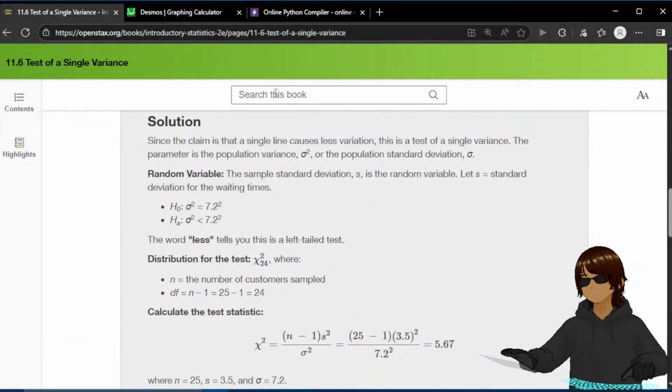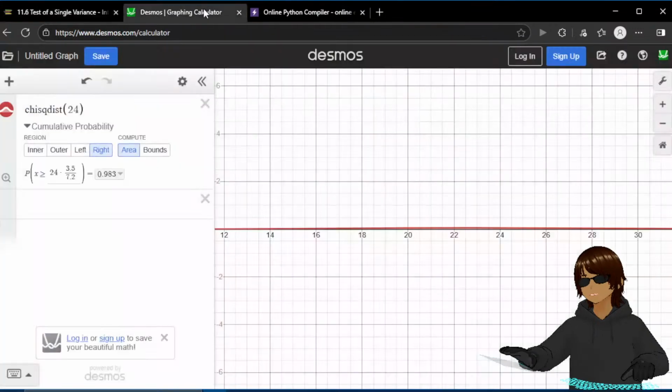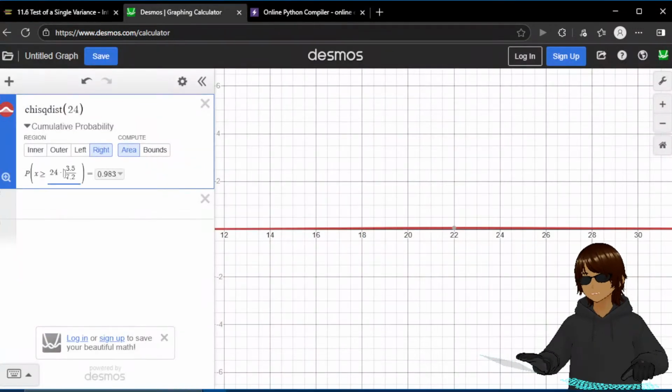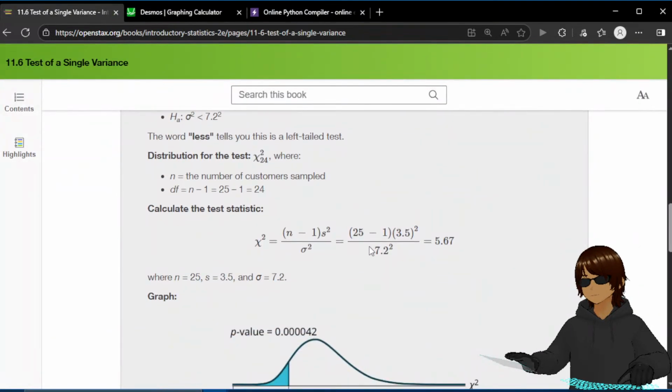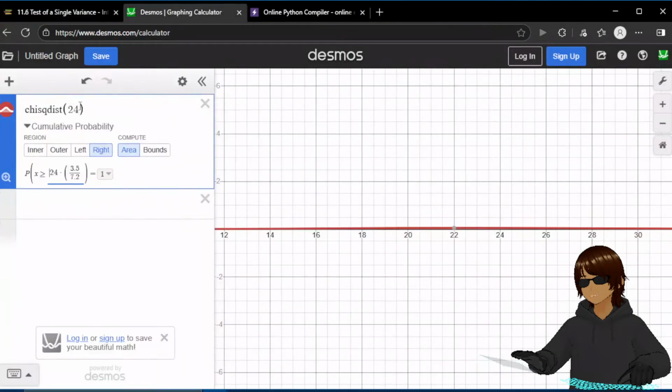Oh no, wait, it's s squared. This is standard deviation. Yeah, yeah. This is s squared. 24 times that, right? 24 times this over this.